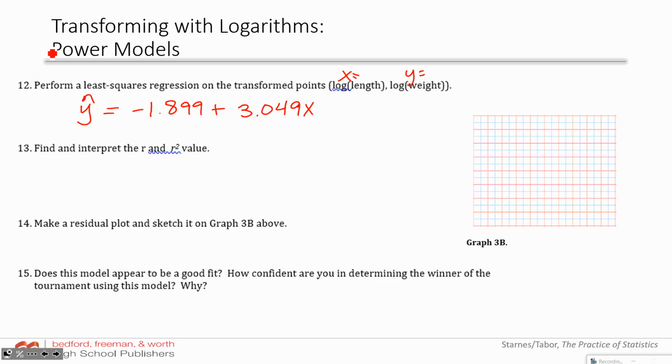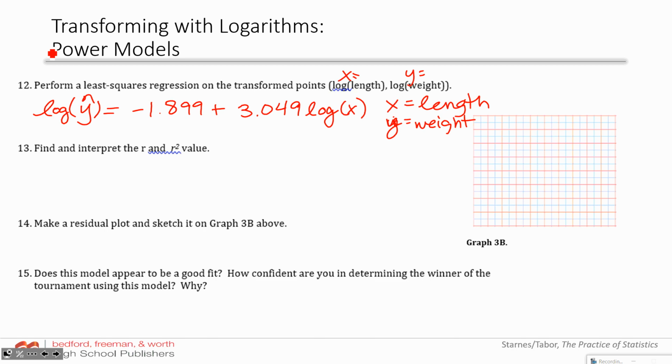So if I want this equation in terms of the original data, so x equals length, y equals weight, I can just take this x instead of a regular old x. This would be the log of x. And my y hat now becomes the log of y hat, right? So here's my regression equation.